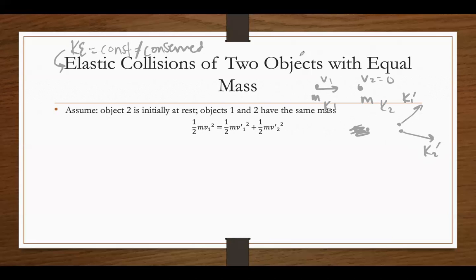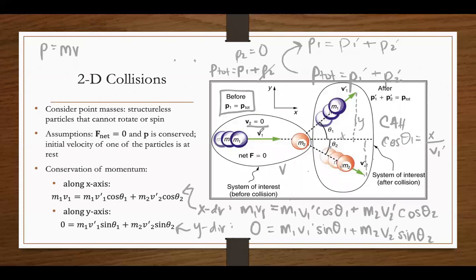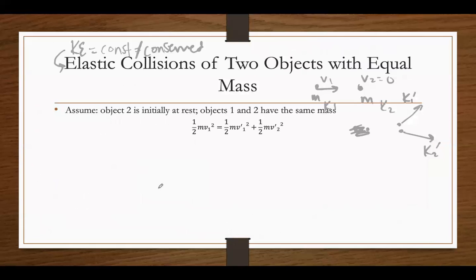Now, through a little bit of manipulation of these two equations, the conservation of momentum along the x and y axes, we come up with another equation, and that is this here.